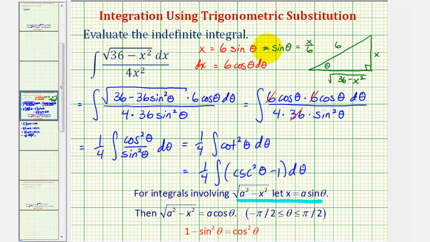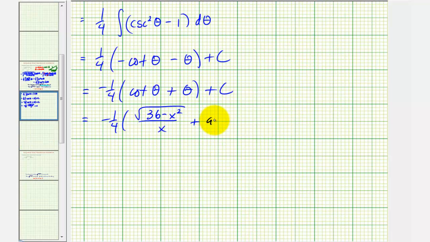So looking at this equation here, if sine theta equals x divided by 6, then theta must be equal to inverse sine or arc sine of x divided by 6. So while we could use a different inverse trig function, let's use arc sine. So we'd have plus arc sine x divided by 6 plus c. And I think we'll go ahead and leave it in this form here.